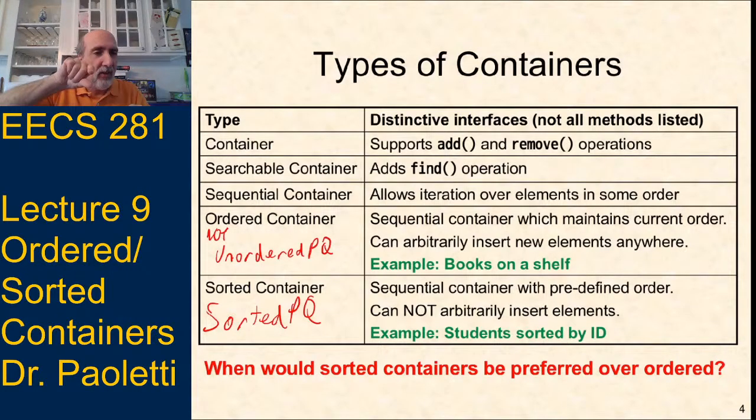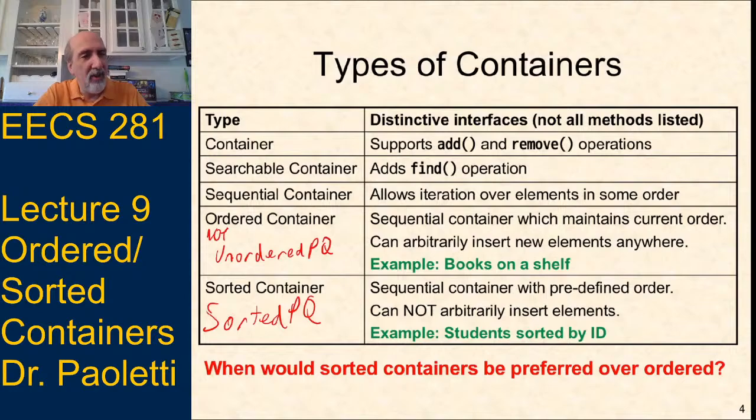We find it, replace it with what's at the back, and then pop back. So the element that used to be at the back that wasn't the one being popped changes its relative order to all of the elements between where it was and where it ended up. So it really is well named as an unordered container.